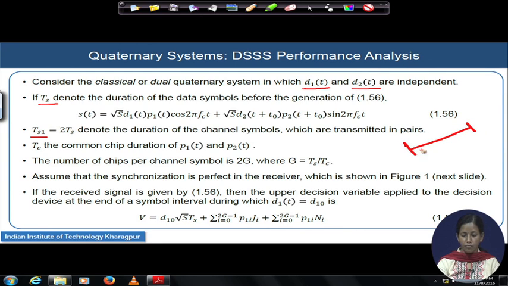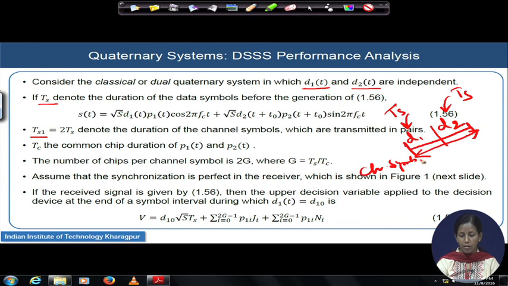So, there are two different definitions. The channel symbol duration consists of the two symbols D1 as well as D2, and each symbol duration is considered to be TS. So, this is the channel symbol duration.